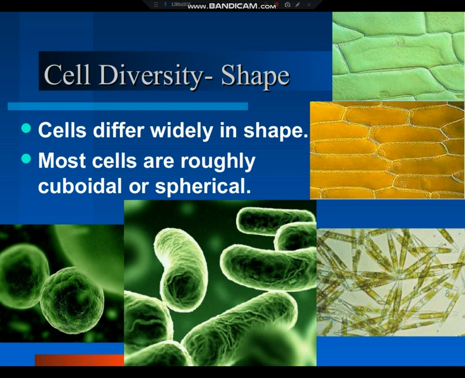So the shape and size of cells are different in different organs, and the shapes and sizes of the cell vary accordingly.